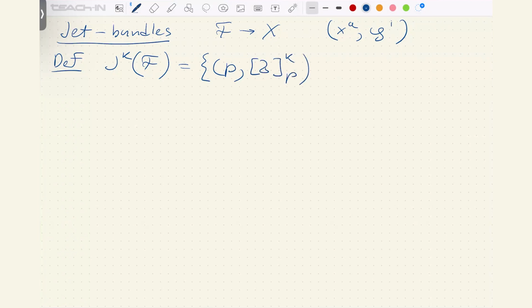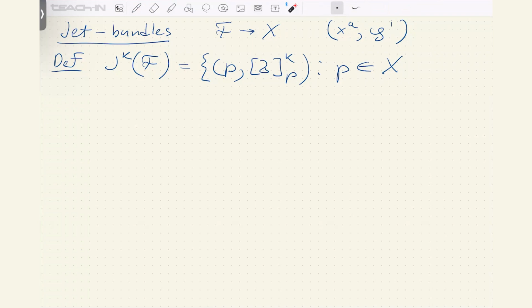So these are pairs where p is a point of the base, so it's just a space-time point, and the second element is a point of the fiber over p, and this is an equivalence class of sections.